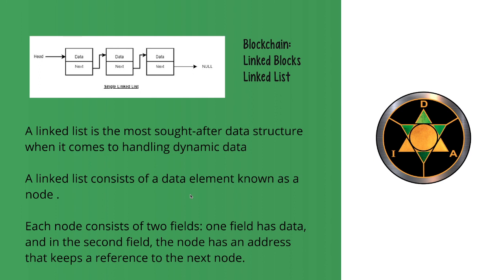A linked list at a basic level consists of nodes. The data elements are nodes, as you can see in that picture. Each node can be thought of as two pieces.